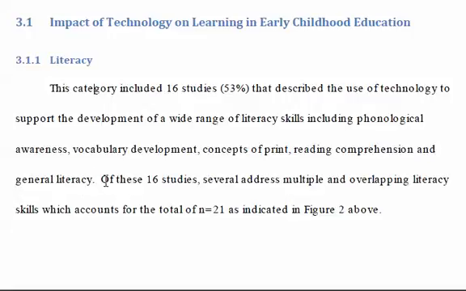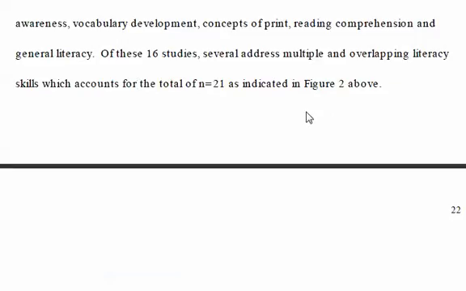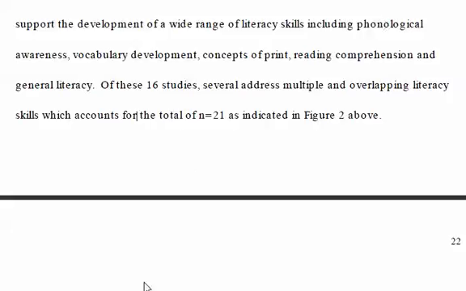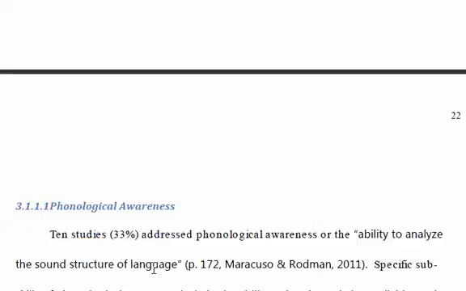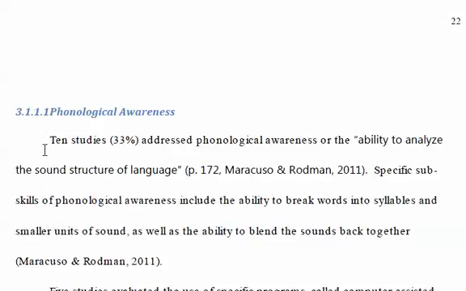And then the student talks about that there's some overlap in the studies. So what you expect then here is phonological awareness, and that's the first section here that is discussed. In this case, it's kind of complicated, so there's another introductory paragraph because phonological awareness comprised quite a few studies. So 10 studies here.